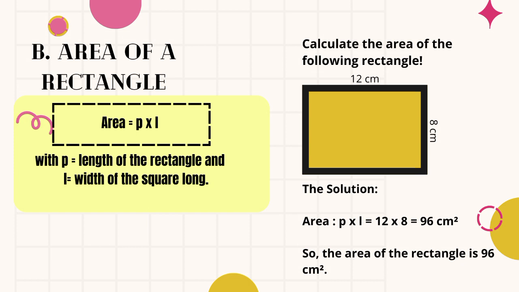For example, calculate the area of the following rectangle in the picture. The solution: area is P times L equals 12 times 8 equals 96 centimeter square. So the area of the rectangle is 96 centimeter square.